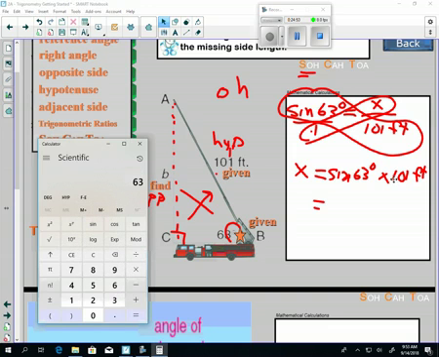Sorry, it all varies, but we have to put the 63 in first. 63 degrees, sine, times 101 feet. 101, equals. And there we have our answer, 89.99.